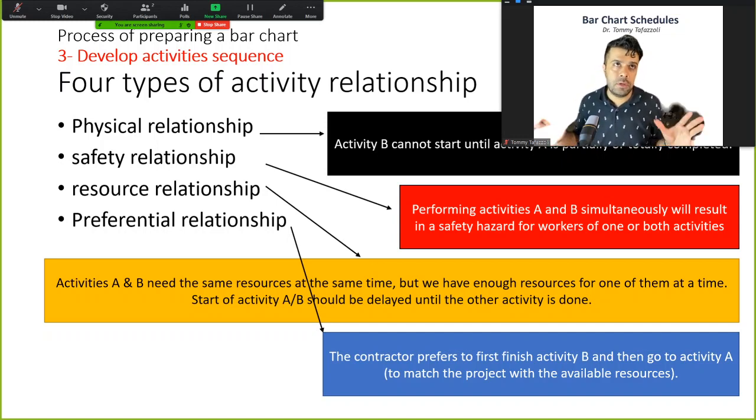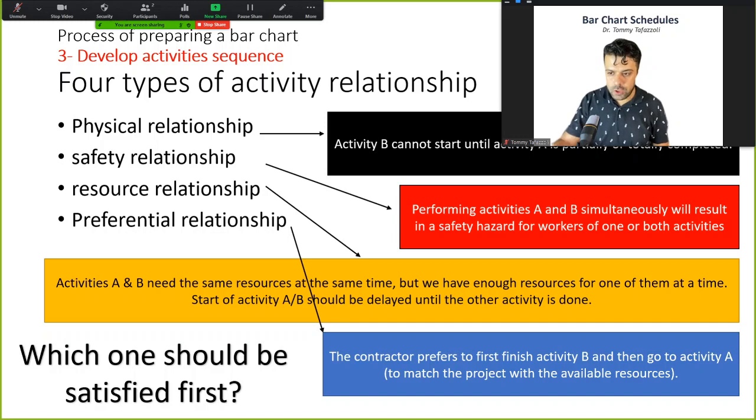It just improves my productivity, or I feel better, or whatever reason. They just come to you and say, could you schedule this before that? Sometimes there is not a very specific reason for that, but because they prefer to do it, you just try to change your schedule to meet what they are asking for.